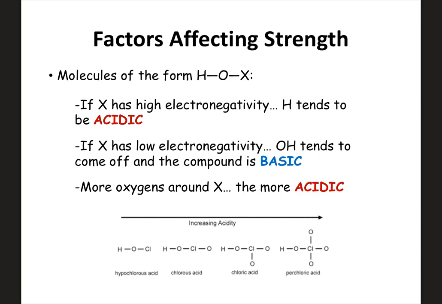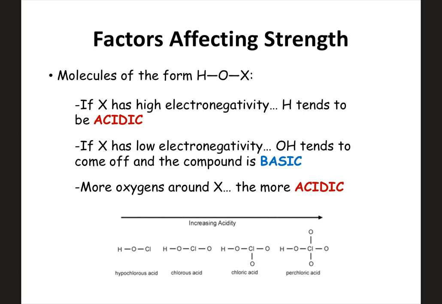If the X, the element that this O and this H are attached to, has a low electronegativity, typically the OH tends to come off, allowing the compound to be basic. All right, so think about something like NaOH. Na is not very electronegative, so the OH comes off, allowing NaOH to be basic. All right, so just keep that idea in mind here.